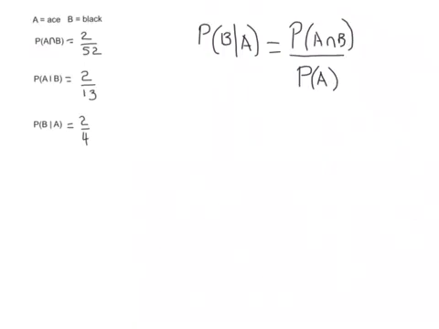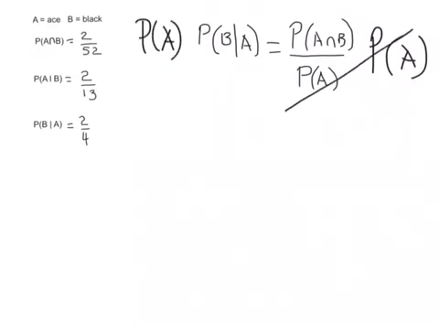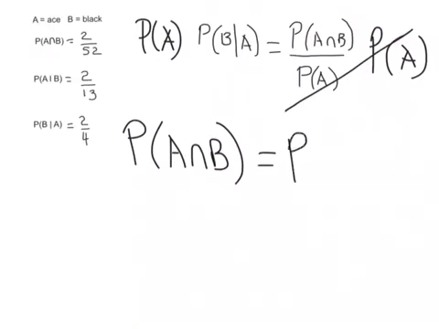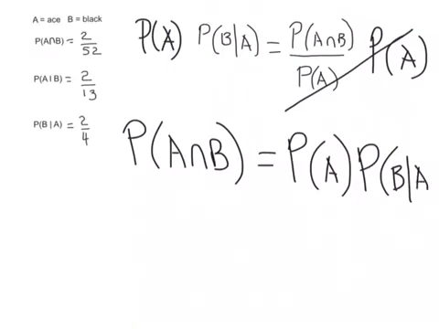Using algebra, pretty simply, I can just multiply both sides by the probability of A. These cancel, so we end up with, I'm going to switch this around, the probability of A and B, okay, it's an ace and it's black, is equal to the probability that we have an ace times the probability that we have, provided it's an ace, it's black.